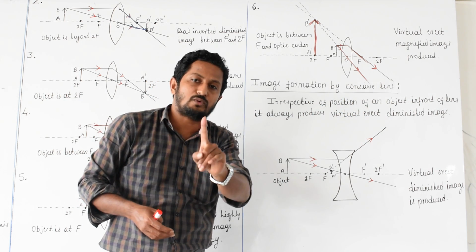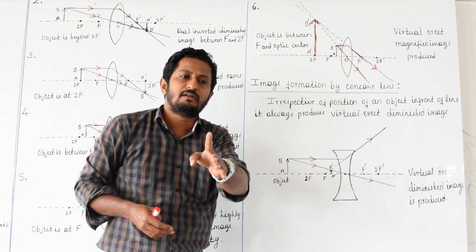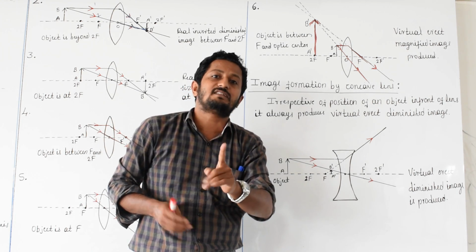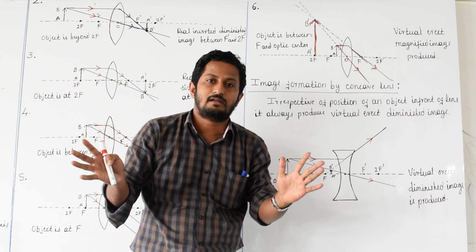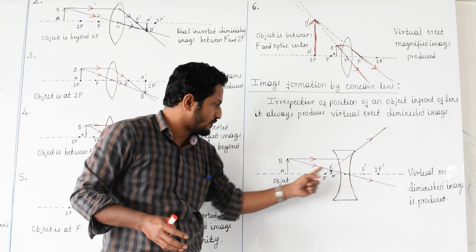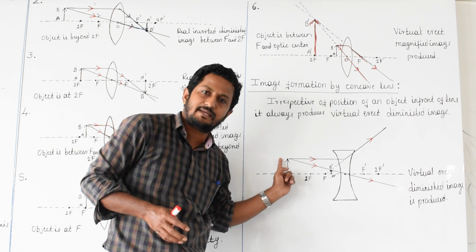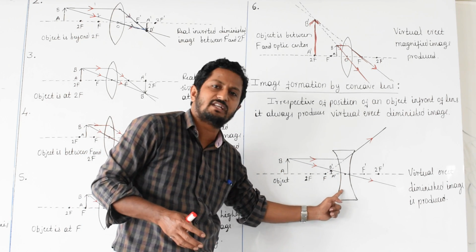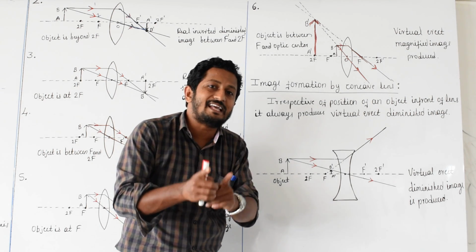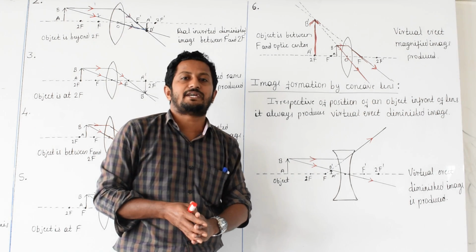One thing you have to remember here: the position of the object in front of the concave lens doesn't matter, because wherever you keep that object AB, that concave lens always produces a virtual erect diminished image.